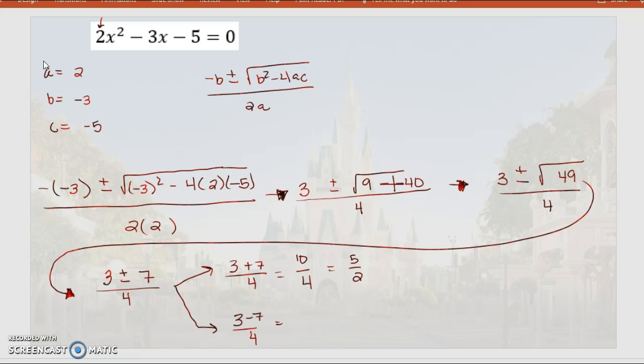If you got 2.5, that's okay, but I'm perfectly fine with a fraction. 3 minus 7 is -4 over 4, and that turns into -1. So these are going to be your two answers, -1 and 5 over 2. Or if you wrote -1 and 2.5, that's fine.